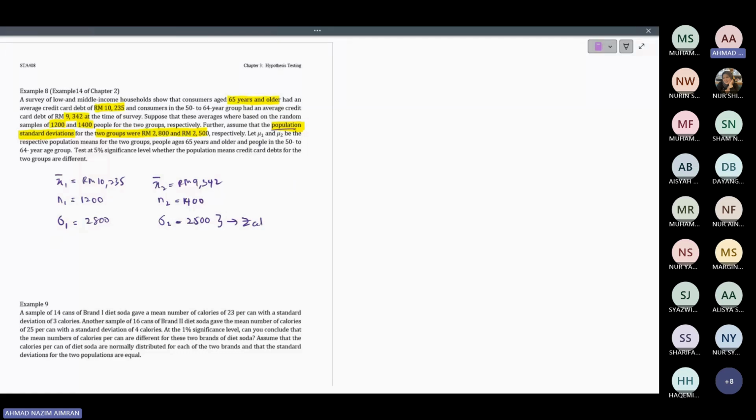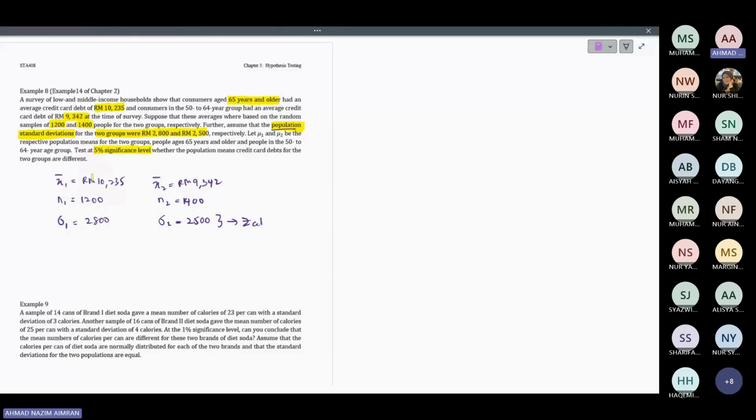Let mu1 and mu2 be the respective population means for the two groups, people aged 65 years old and older and people aged 50 to 64 years. Test at 5% significance level.